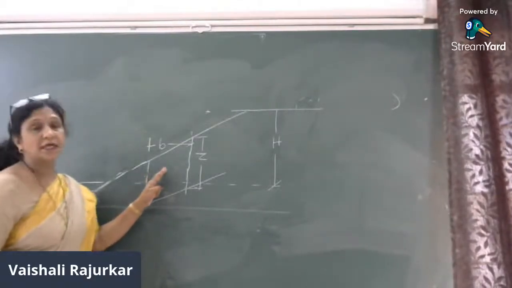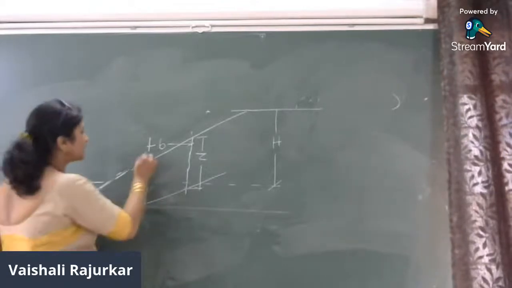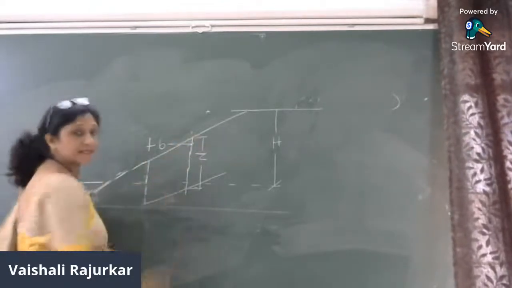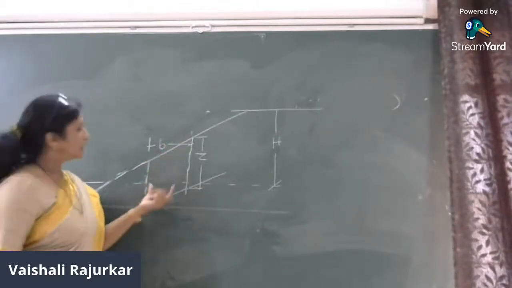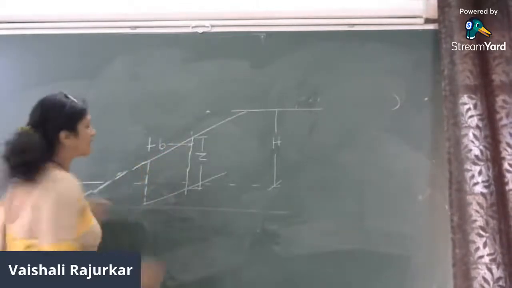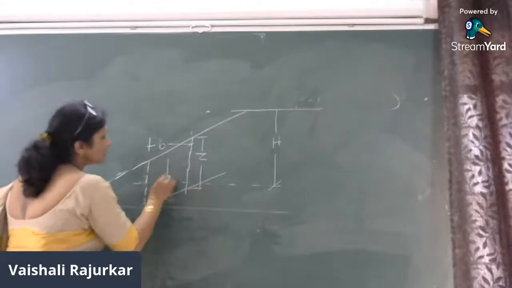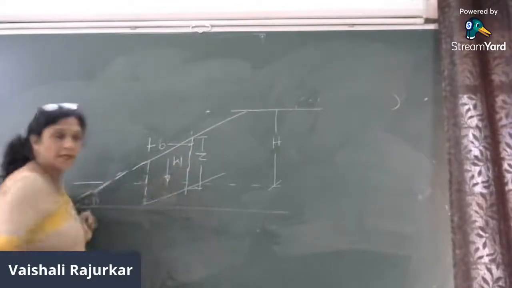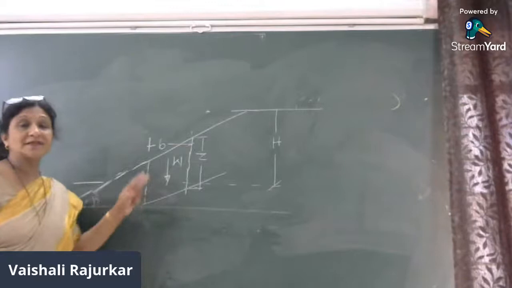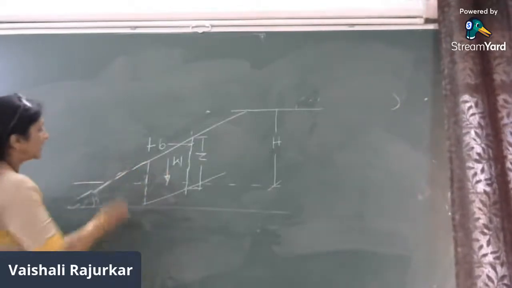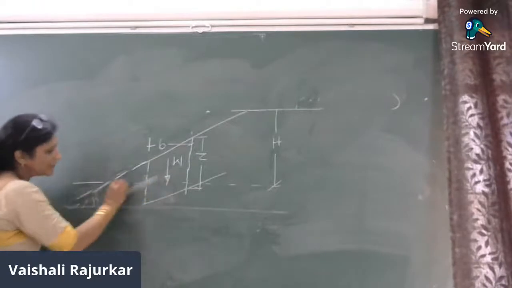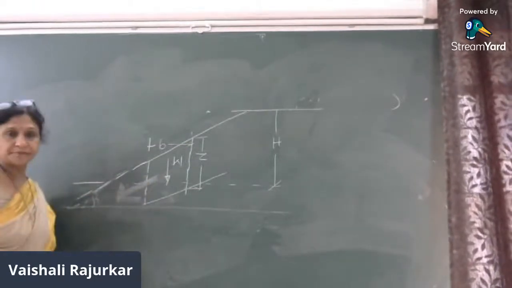This is the self-weight W of the small element ABCD, of dimension B and depth Z. This W causes sliding of the soil mass in the direction of gravity.